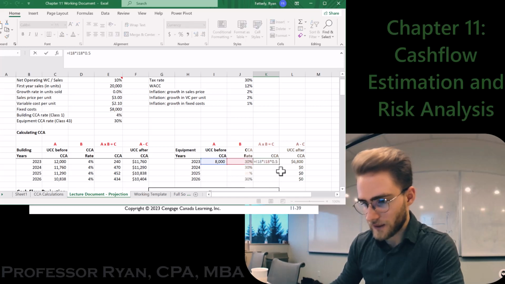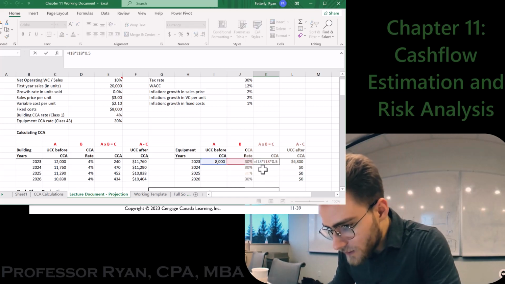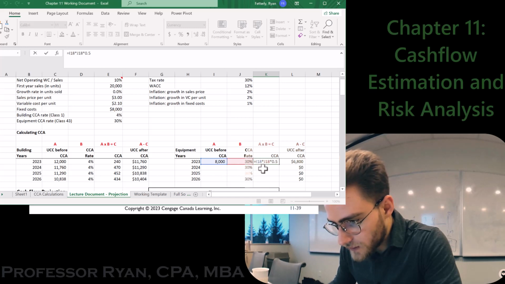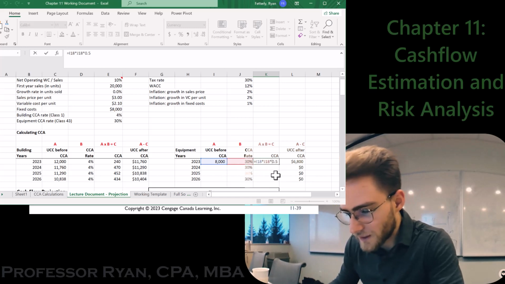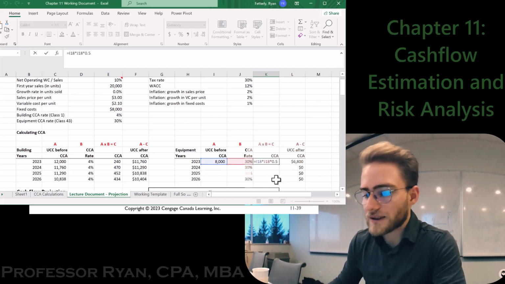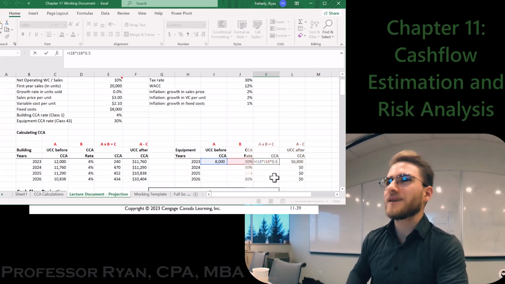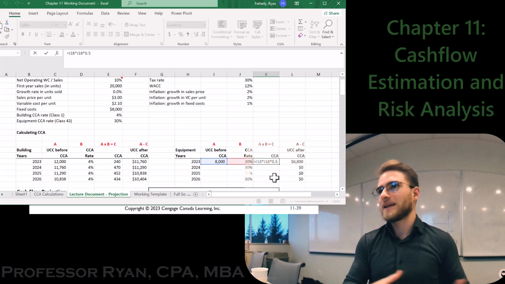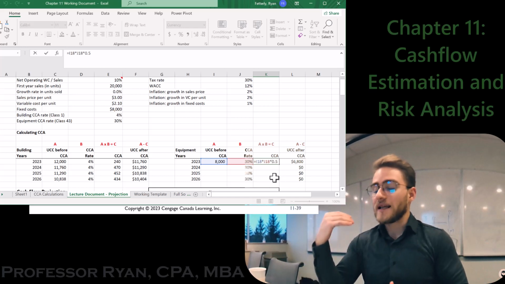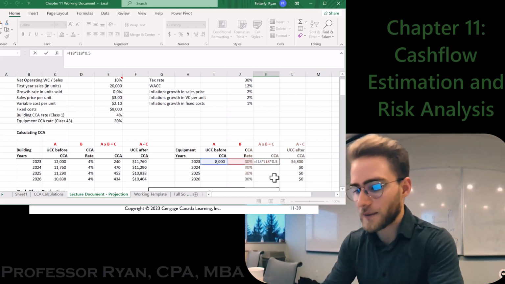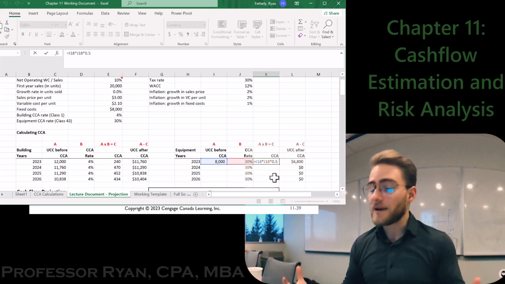So what I get is 1.12. That doesn't seem right. 8, 12, 30%. What am I missing here? Oh yeah, no, it is right because the CCA rate's way higher. Sorry, it threw me off for a second. Buildings are at 4% and this is at 30%, so the amortization is going to be way higher because we get to depreciate faster. It makes sense.